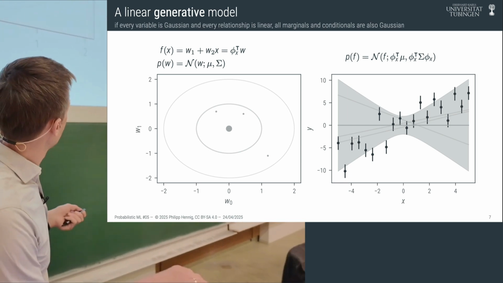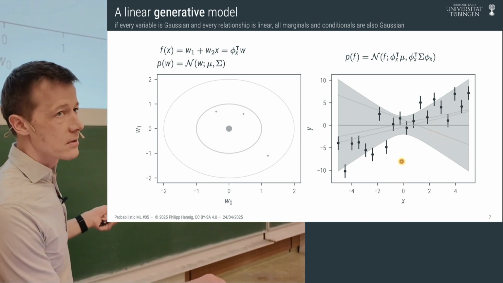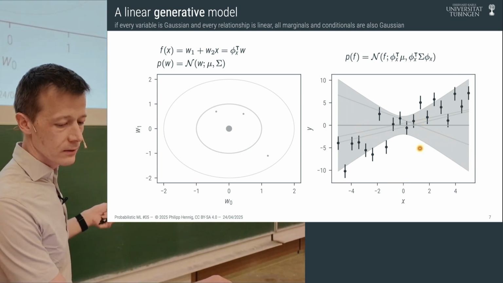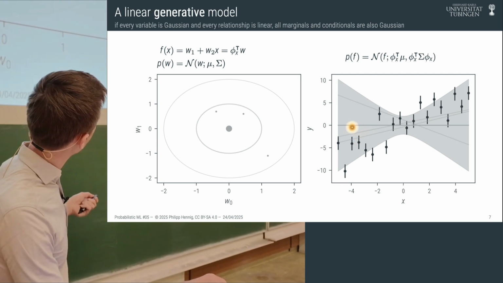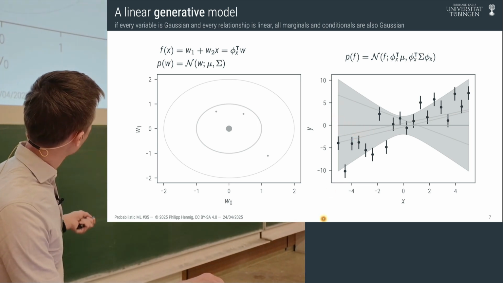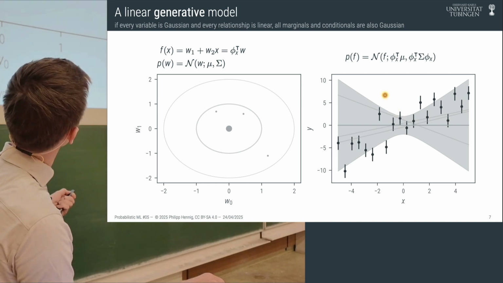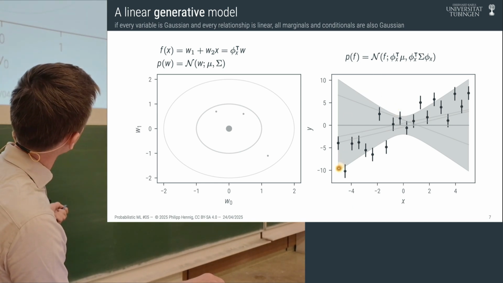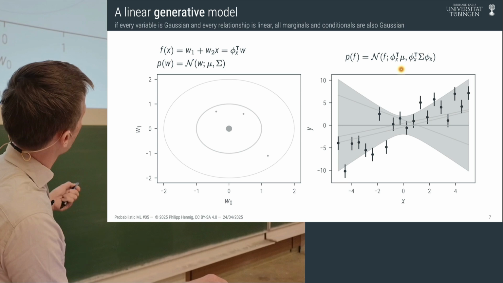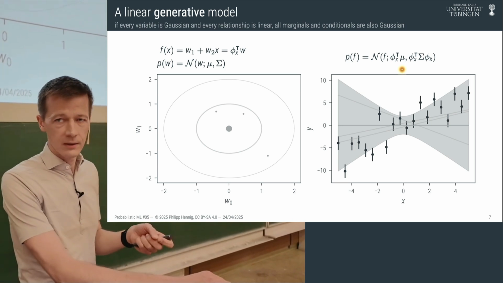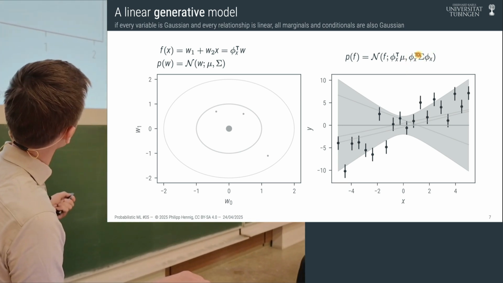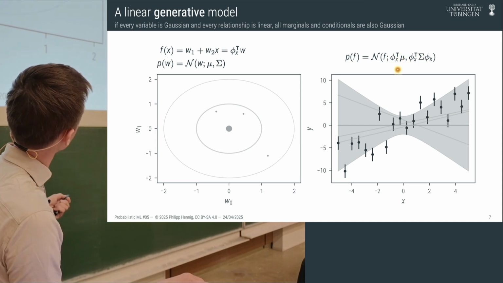And this is what I'm plotting here. So, I mean, the black stuff is still the data. And behind, what you're seeing is for every single value of x, I have picked the corresponding x, fed it into this function phi of x. It has returned x and 1. I'll multiply it from the left and right onto the covariance, or from the left onto the mean.